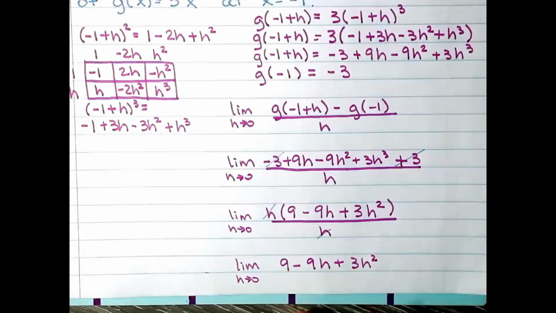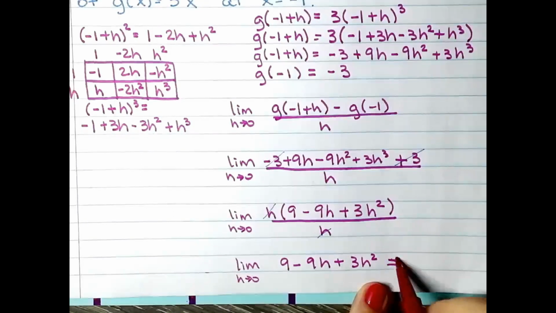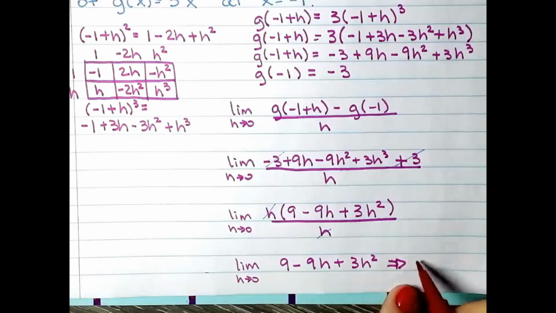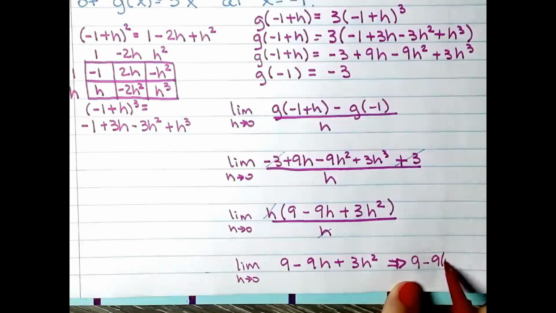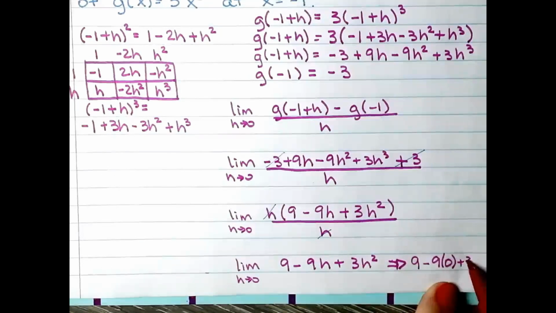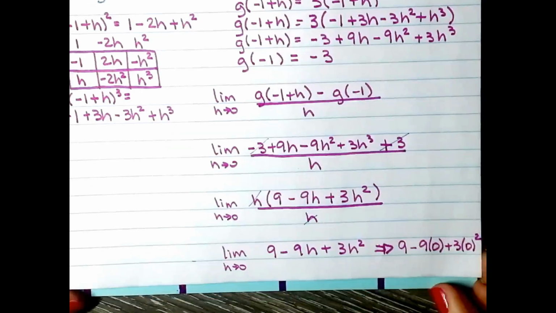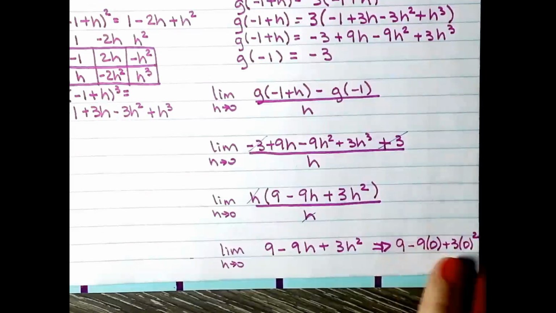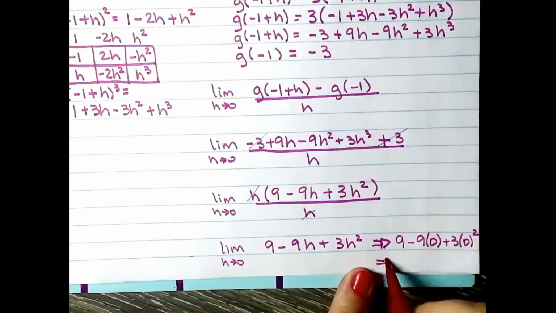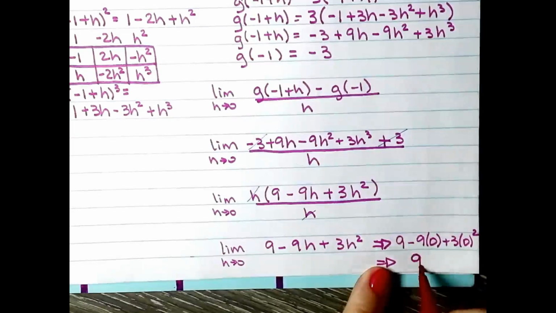We will substitute 0 for h right there. I will do it right here off to the side. I know I can fit it. Okay, so I have 9 minus 9 times 0 plus 3 times 0 squared. This is 0, this is 0. Therefore, my final answer right here is 9.